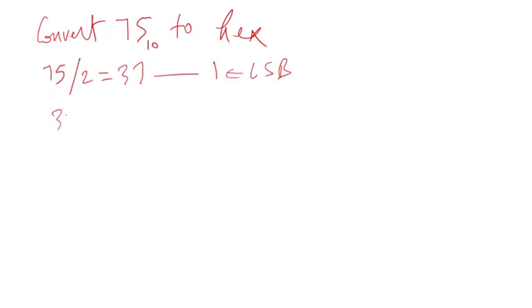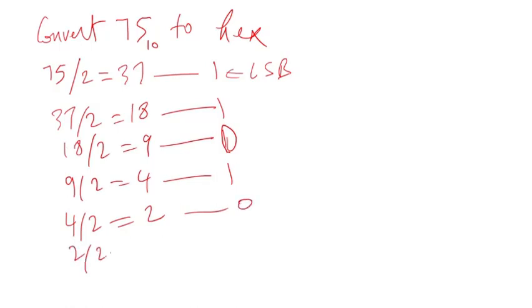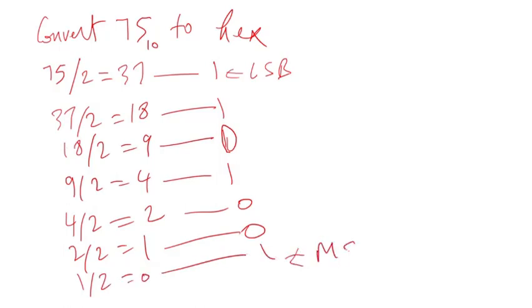Then 37 divided by 2 is 18, remainder is 1. 18 divided by 2 is 9, remainder is 0. 9 divided by 2 is 4, the remainder is 1. 4 divided by 2 is 2, remainder is 0. 2 divided by 2 is 1, remainder is 0. 1 divided by 2 is 0, remainder is 1. This is the most significant bit. So we write from most significant bit to least significant bit.